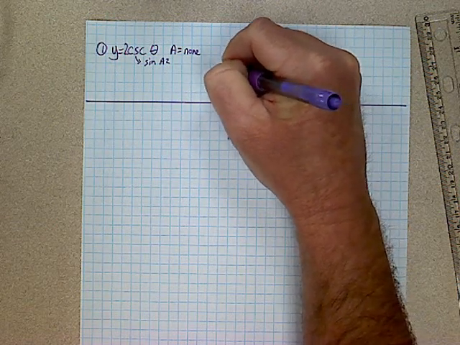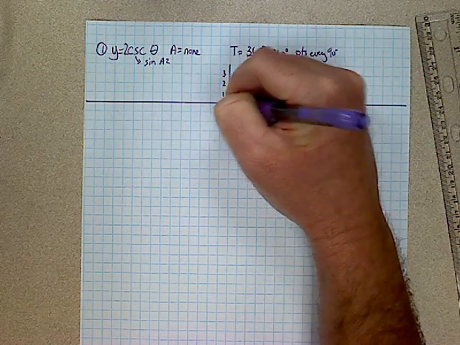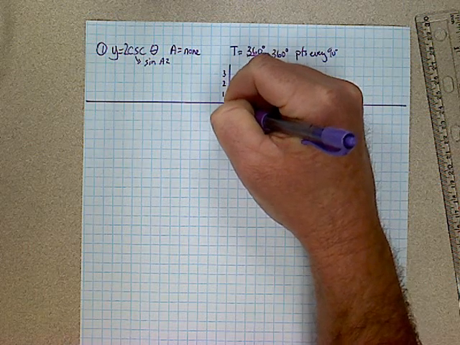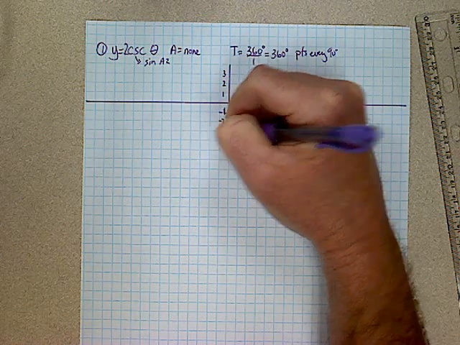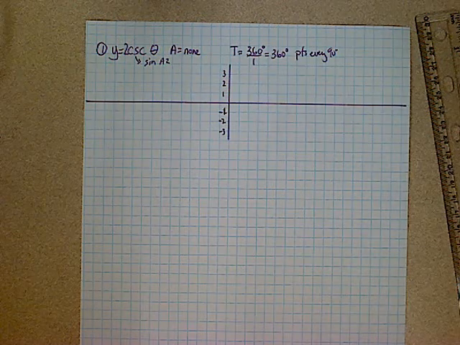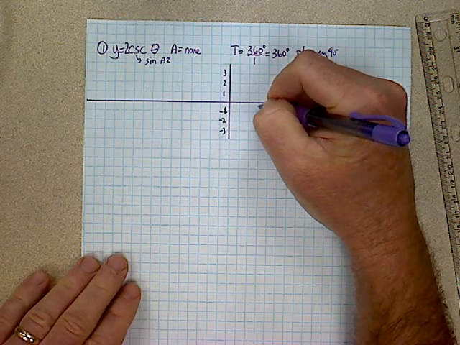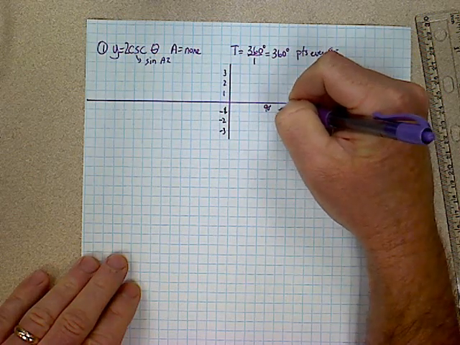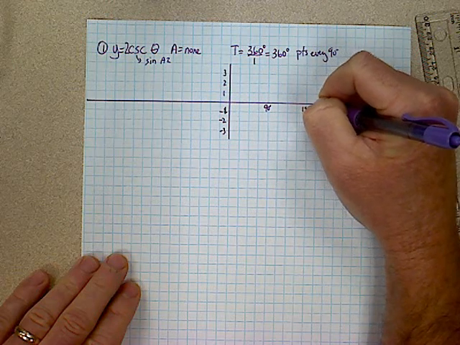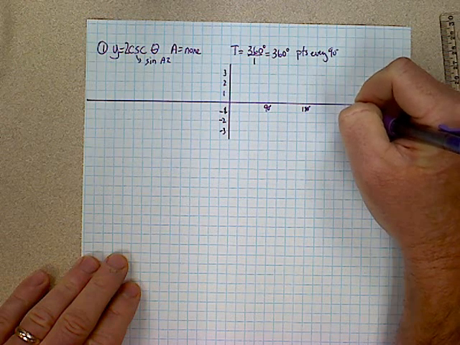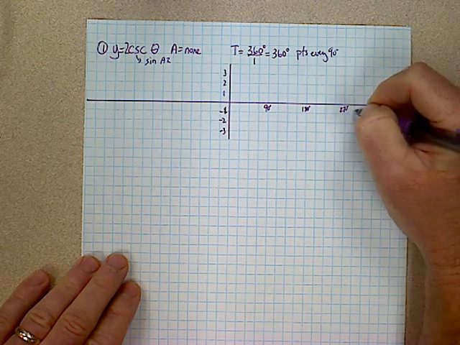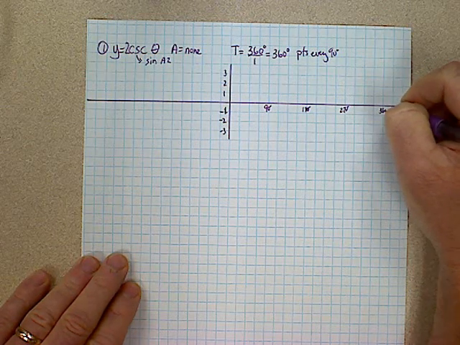So 1, 2, 3 on the y-axis, -1, -2, -3 here. Again, I'm going to go 1, 2, 3, and the next number is 90. 1, 2, 3, 180. 1, 2, 3, 270. 1, 2, 3, 360.